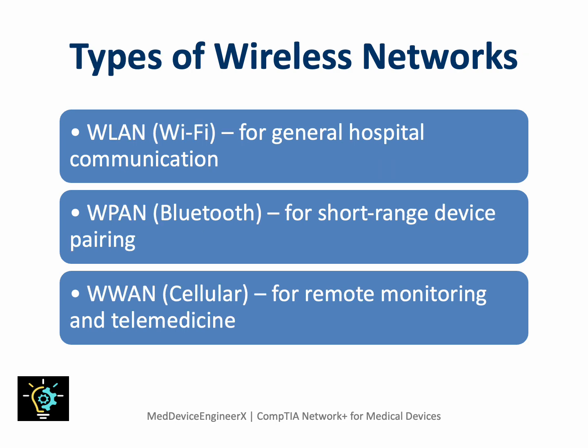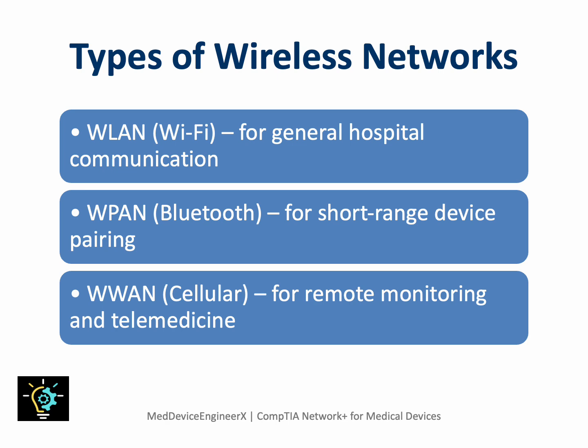There are a lot of different types of wireless networks that are used in healthcare. There's WLAN, Wi-Fi, and these provide hospital wide coverage. These can support laptops, tablets, and EMRs. WPAN or Bluetooth connects nearby devices like patient sensors or infusion pumps. Wi-Fi prioritizes capacity, Bluetooth minimizes power usage.